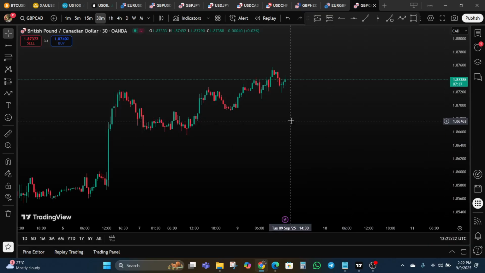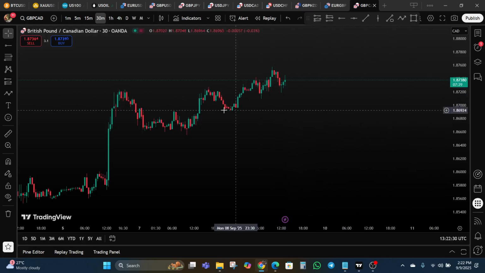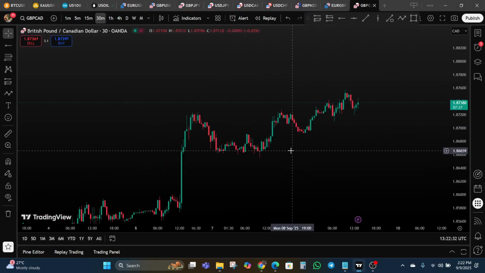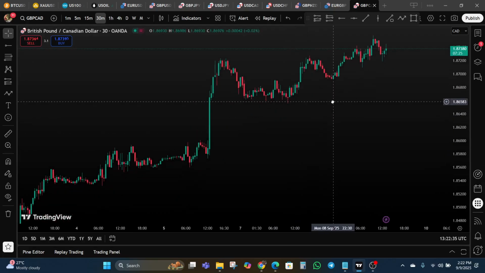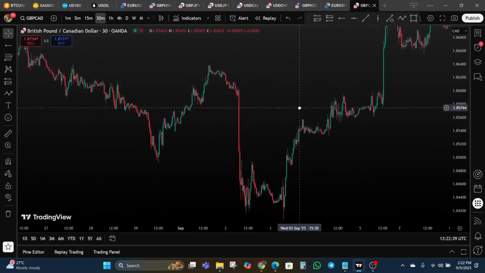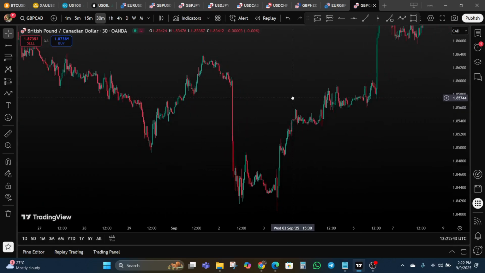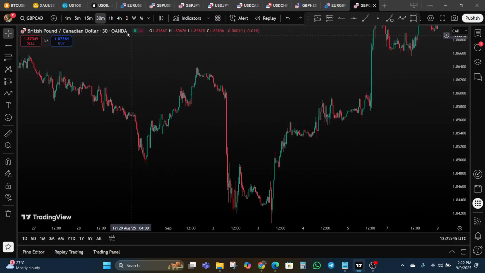So first of all, what exactly is change of character? What is CHoCH? This is a concept that happens when price breaks the previous market structure in a way that signals a potential shift in trend.